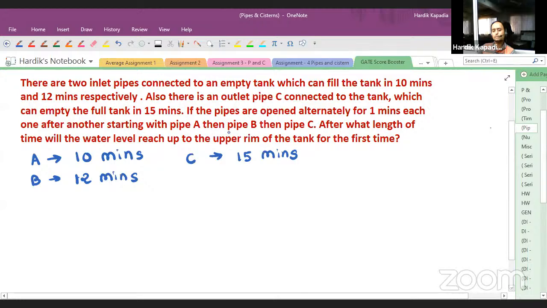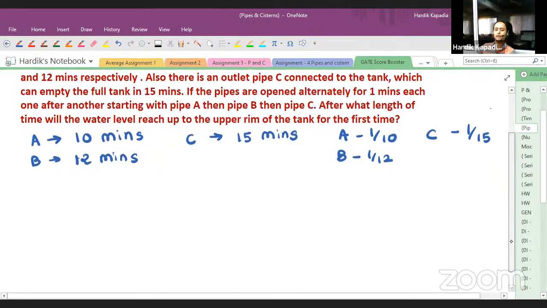So there are two inlet pipes connected to an empty tank. The work in 1 minute is 1 by 10 for A, 1 by 12 for B, and 1 by 15 for C. So in 1 minute, A can fill 1/10 of the tank. Let's say we are starting from here.